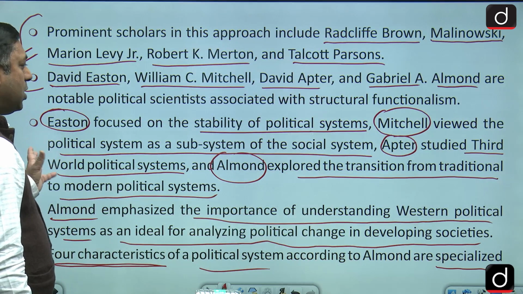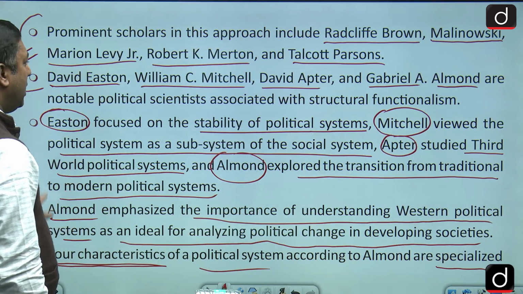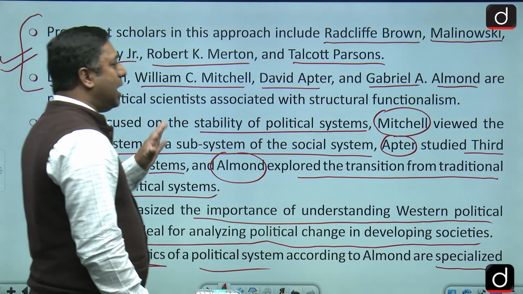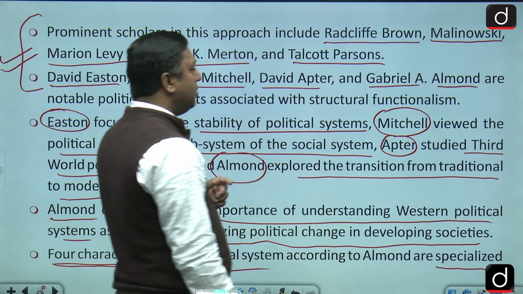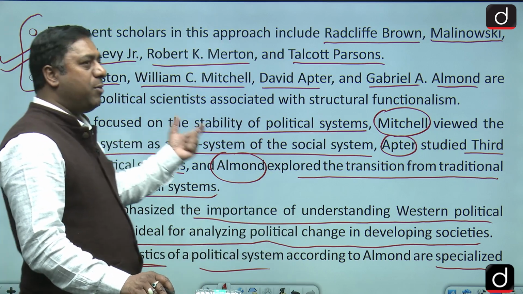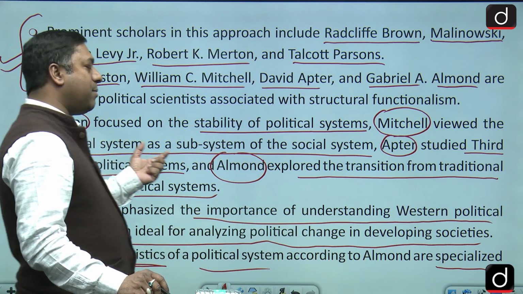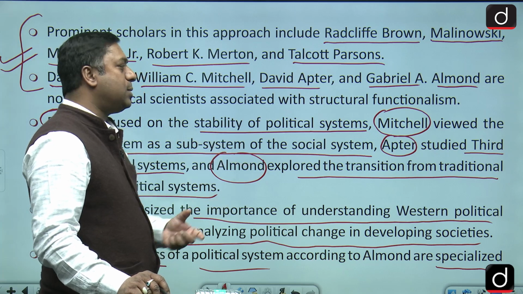In structural functionalism, among the scholars, Easton, Mitchell, Apter and Almond had their views. Easton focused on the stability of the political system. Mitchell viewed the political system as a subsystem of the social system.